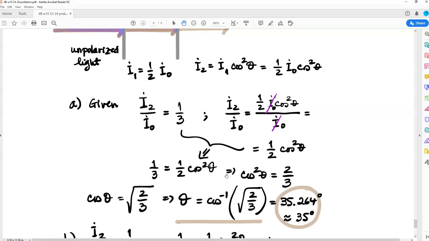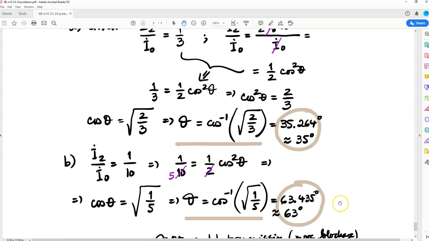It's essentially a trig equation. You isolate cosine squared of theta, multiply by 2 on both sides, and then square root it. Theta is the inverse cosine of the square root of 2/3. Plug in your calculator, and you get about 35 degrees.